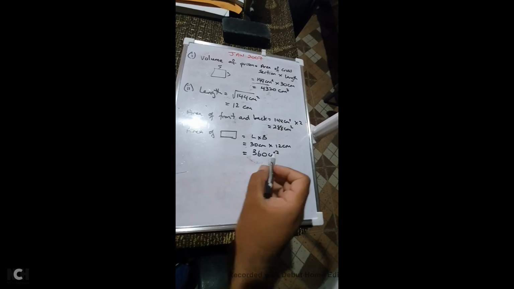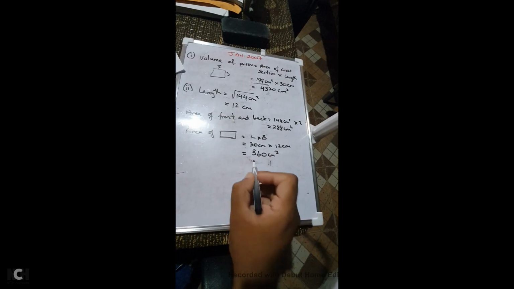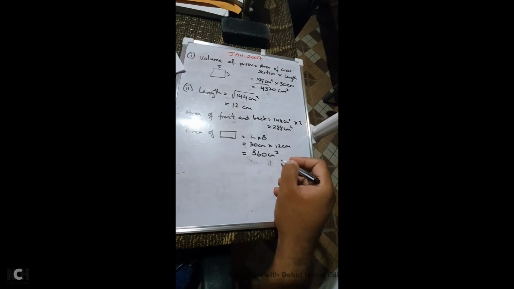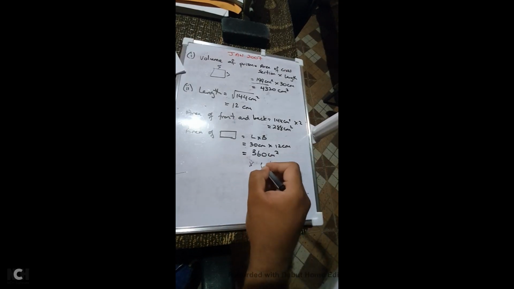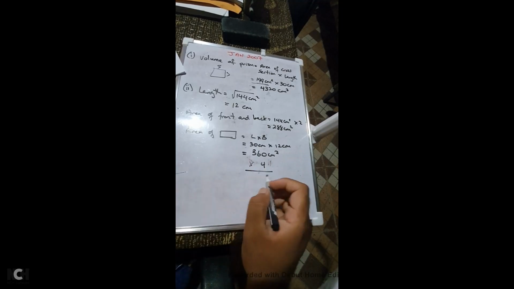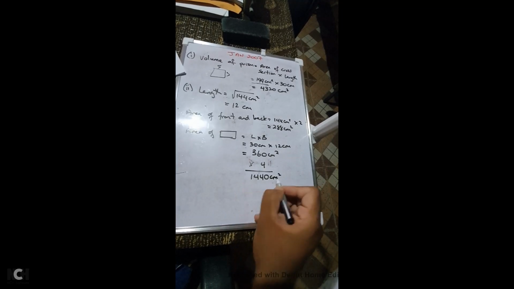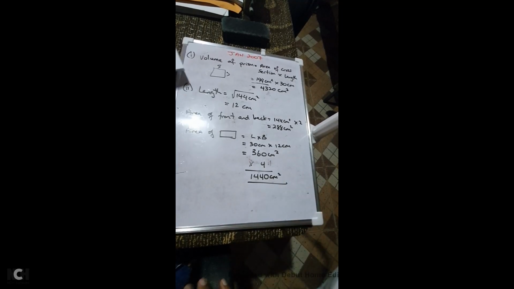Since this represents the area of one rectangle, and we have 1, 2, there'll be one on this side, 3, 4, we just take this figure multiplied by 4, which will give us a total of 1440 centimeters squared. So this accounts for all of the rectangles.